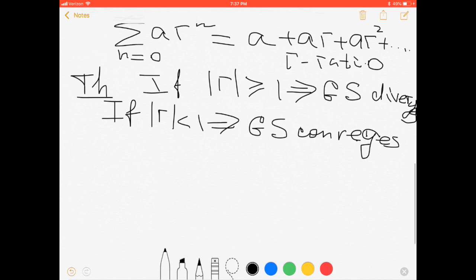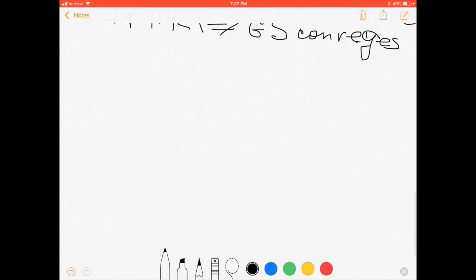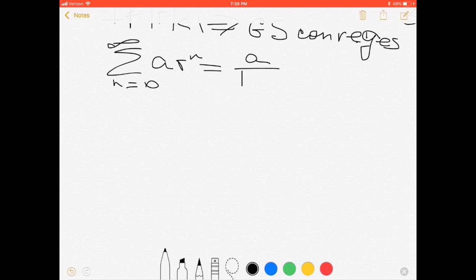Let's try to prove this fact and at the same time find the formula for the sum of this geometric series, equal to a over 1 minus r.